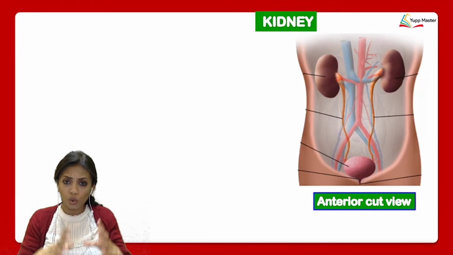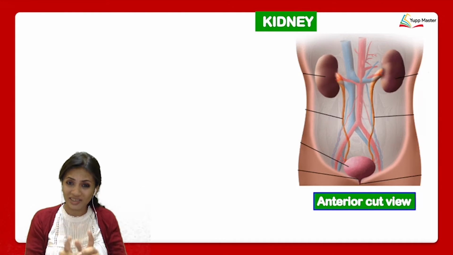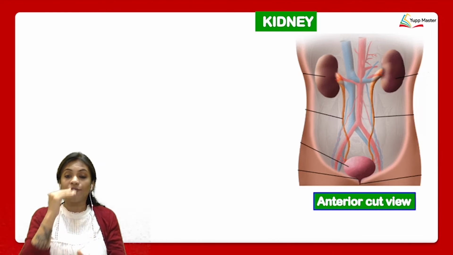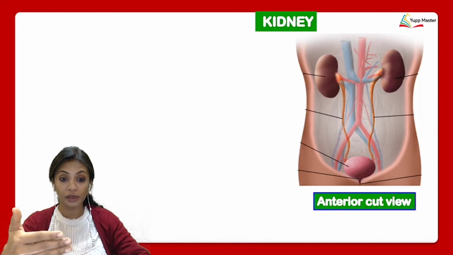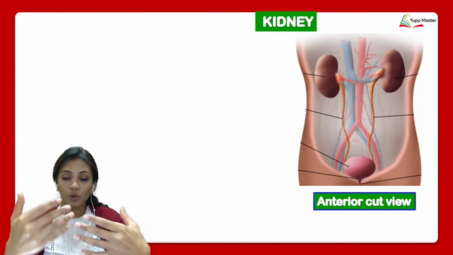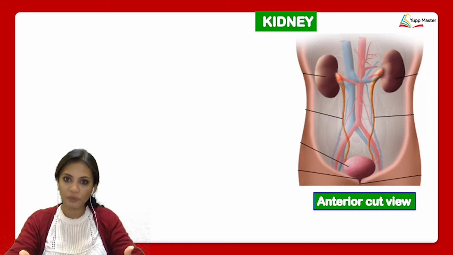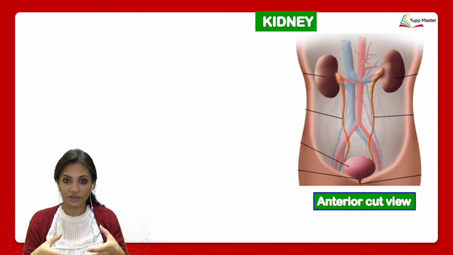Okay. The whole digestive system is covered in a layer, and what is that layer called? It's called the peritoneum. So, if you view the human body from the front, when you start from the innermost part, the first thing you have is the excretory system. Then you have the digestive system.